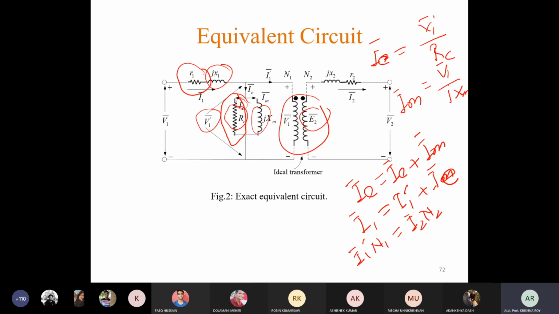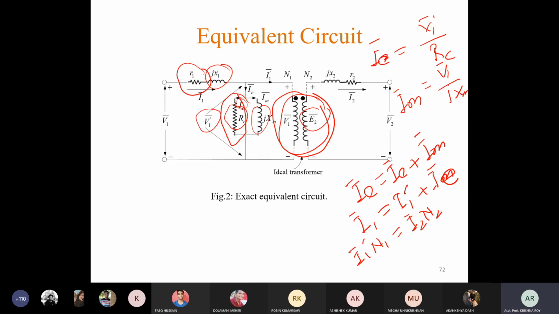So this section is nothing but an ideal transformer. It has no winding resistances, no leakage reactance, and no core loss. This is shown only to show the transformation of voltages and currents. There is no other reason to show this ideal transformer.